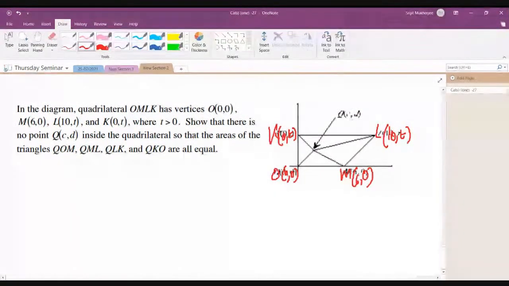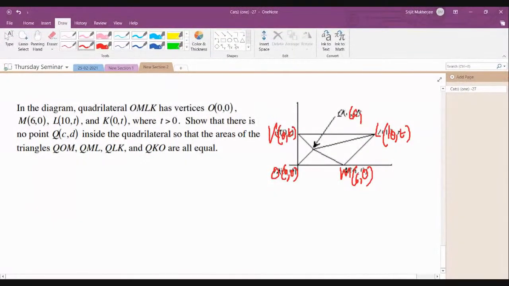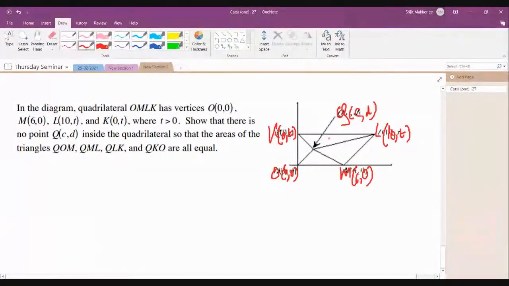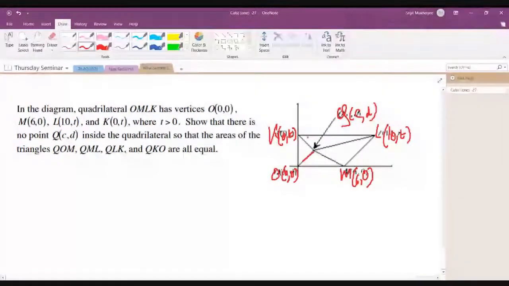And this Q is some point, and the question asks whether all the 4 areas are equal.